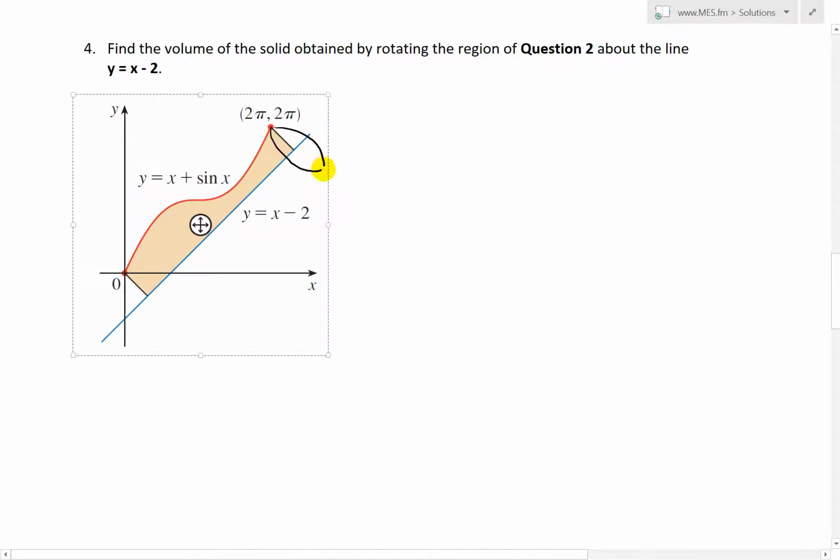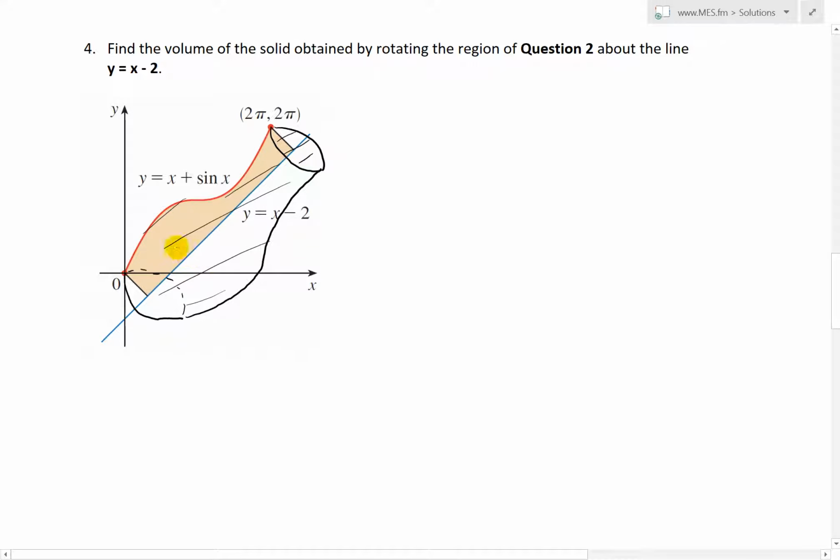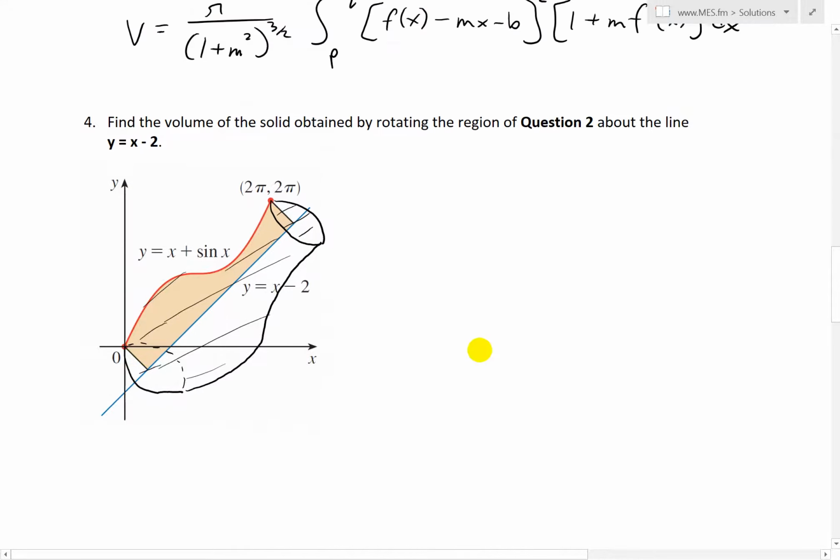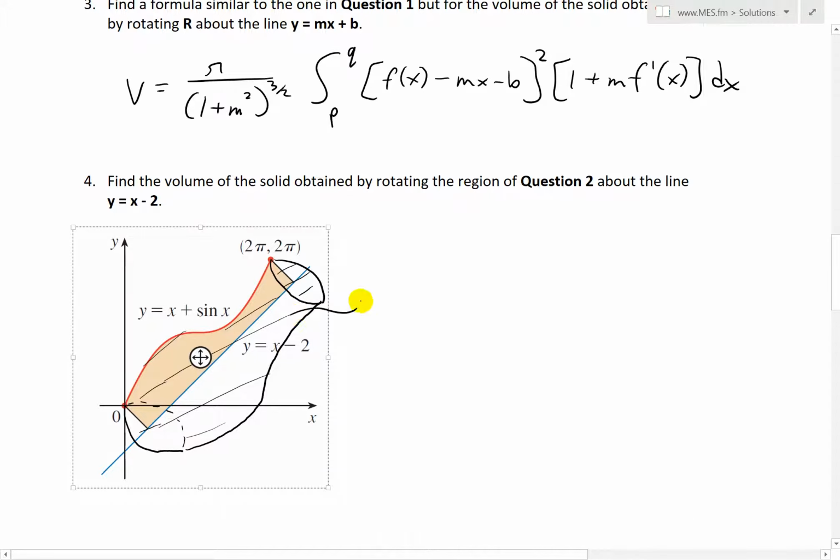Let's draw this better, and then this goes to here, something like this. Then draw in 3D. When we rotate this shape, we get something that looks like this, let me draw it bigger, a bit more accurate. So we get a shape like this, and we get a volume. This is in 3D, so imagine that. We have this volume right there, and we're trying to find the volume V.